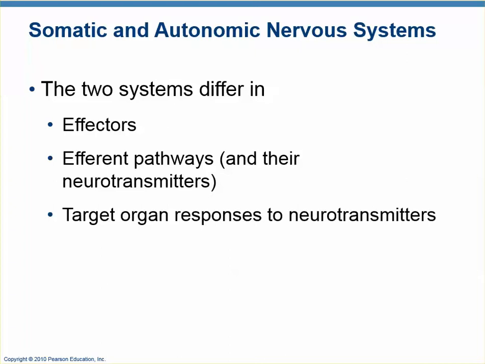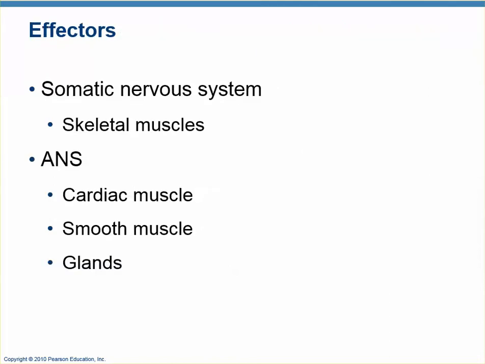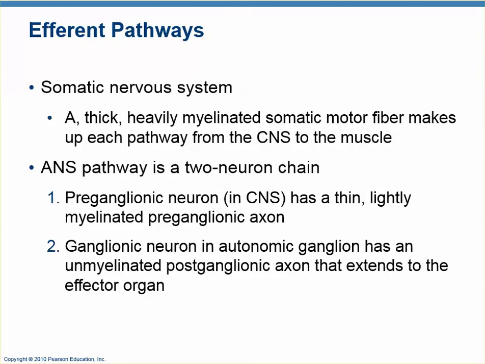The efferent pathways of the somatic are really a single motor neuron going from the central nervous system to the target. And in the autonomic, there are two neurons. There's a preganglionic and a postganglionic neuron. And the neurotransmitters vary.